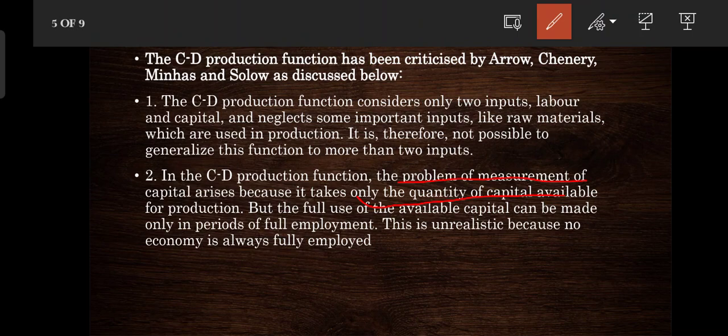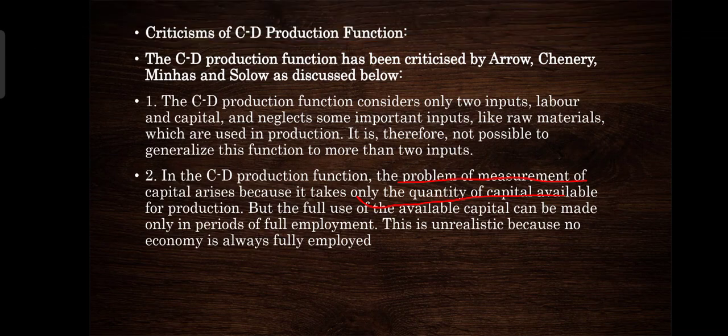As we all know, full employment is an unrealistic situation, so we cannot take it into account. Thus, the Cobb Douglas production function is criticized due to the problem of measurement of capital.